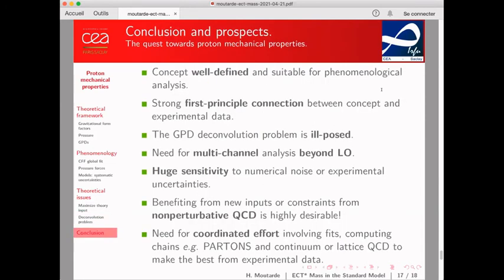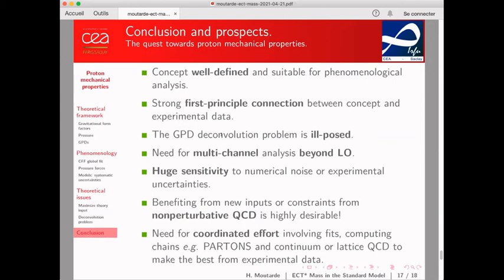So to conclude, in the quest towards proton mechanical properties, the concept is well defined and suitable for phenomenological hypotheses. It's good because there are not that many areas where there is such a clean path between theory, first principles, and experimental data. Here we can control systematically all approximations.